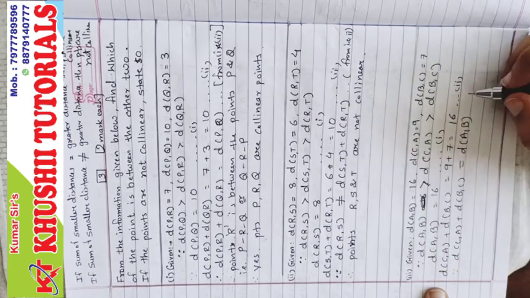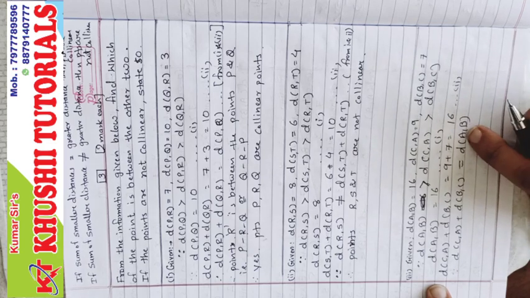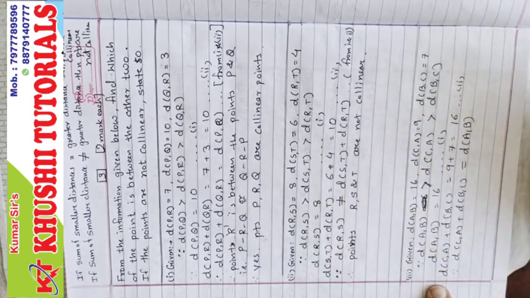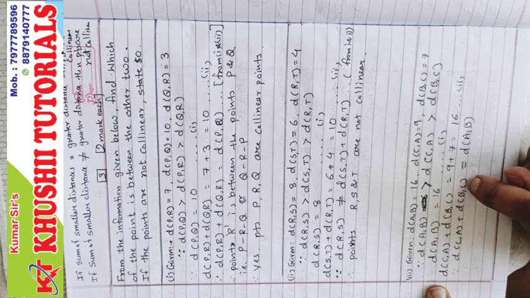A comma B. Therefore the endpoints will be A and B, the greater distance. So what will lie in between? C will lie in between.